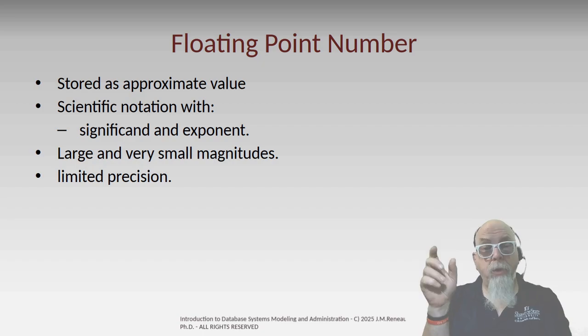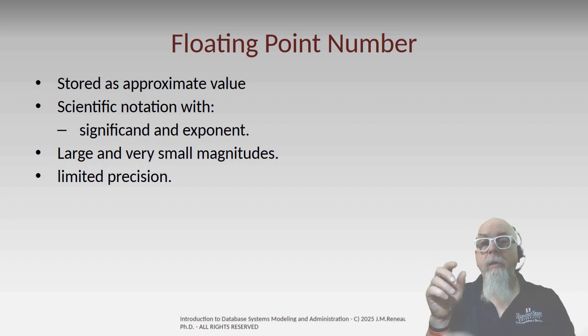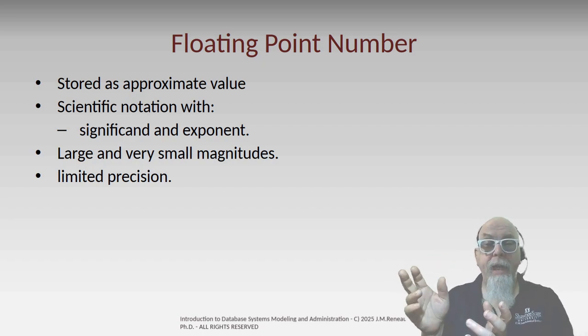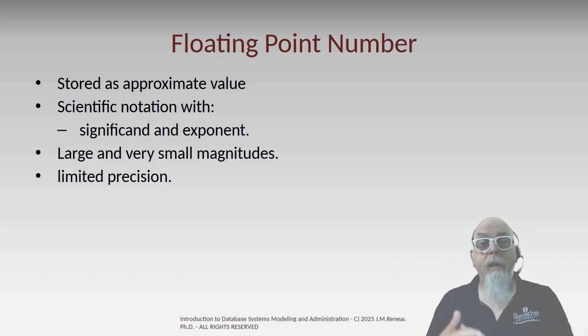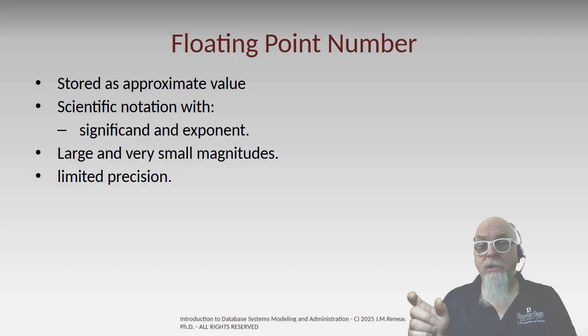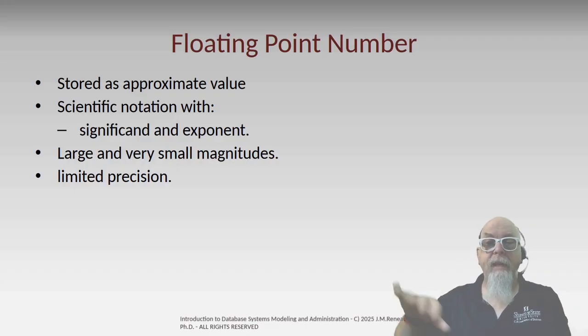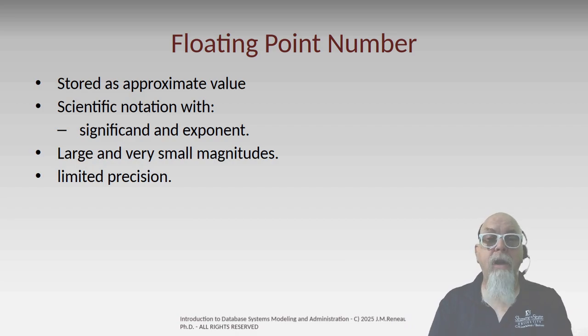It's stored as an exponent, so there can only be so many digits of precision in that exponent, but it can go from very large to very high magnitudes with a limited precision. This is often used for a continual reading, like maybe a seismographic measure, or a measure of a temperature, or a measure of something that can have a very large range.